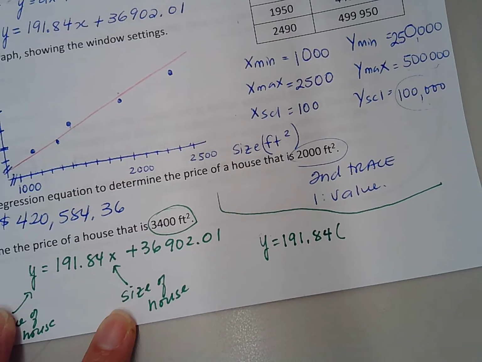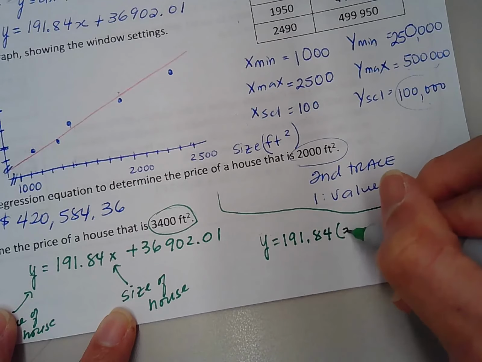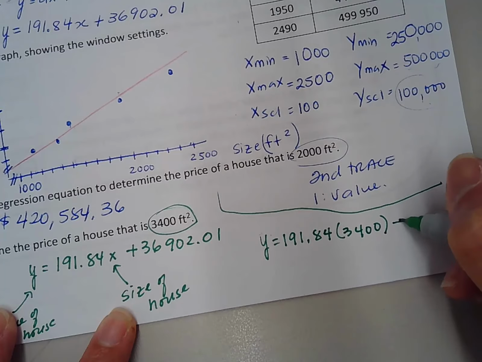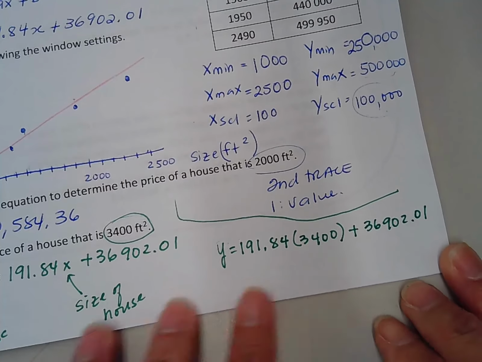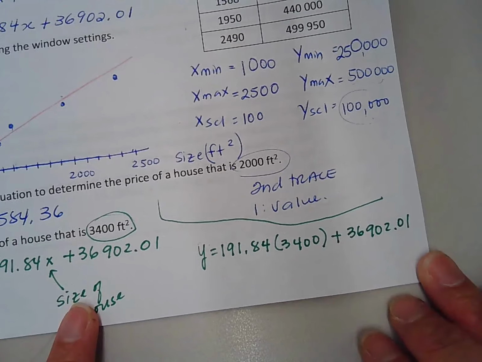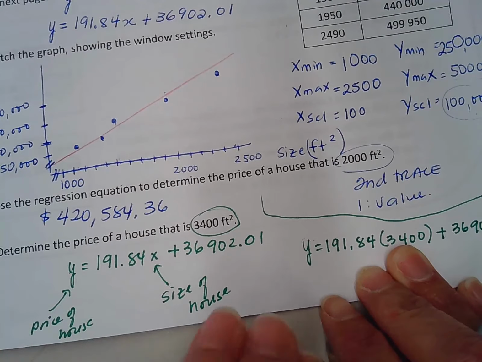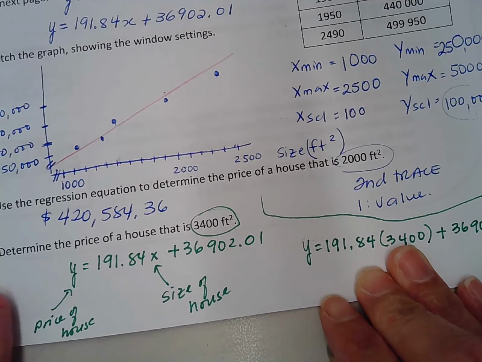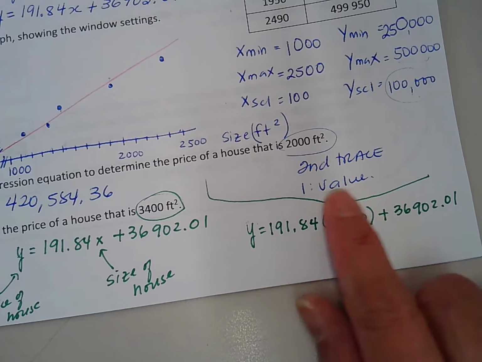Well, what's x? X is the size of the house, which is 3,400, plus 36,902.01. So this equation relates the price and the size. Now I know the size, 3,400. Can I figure out the price? This is how we do it.